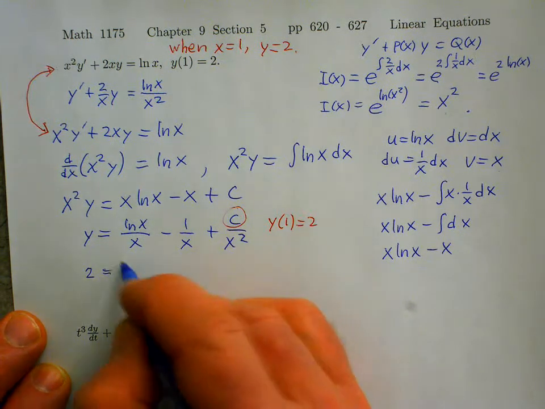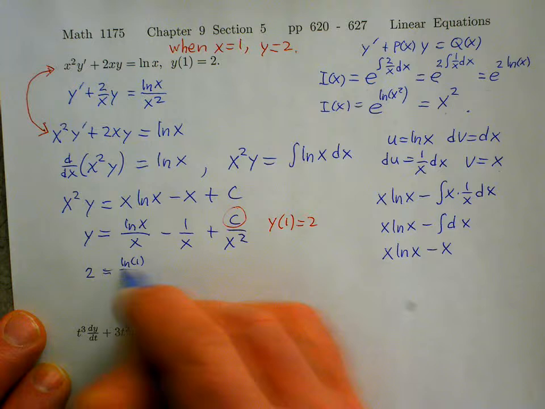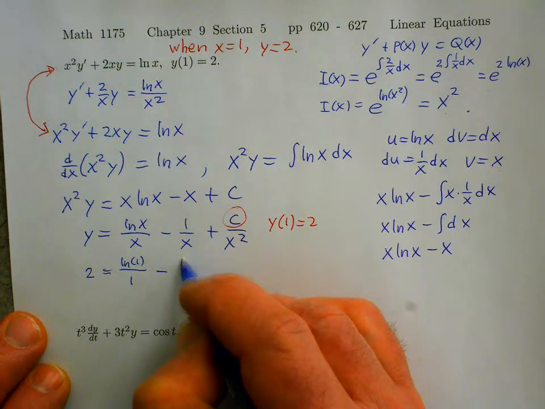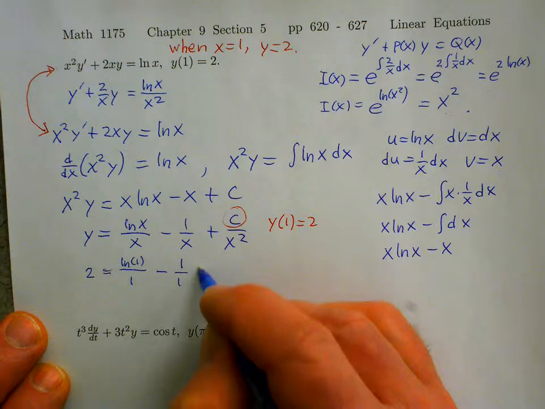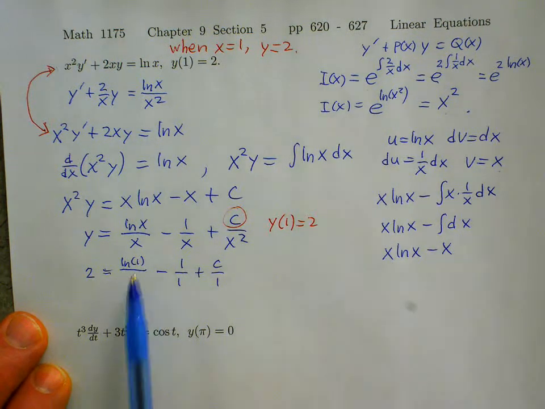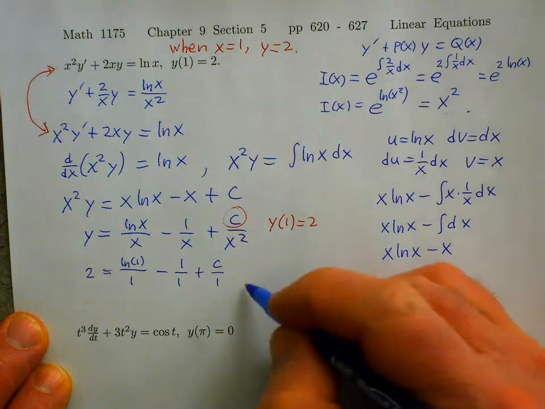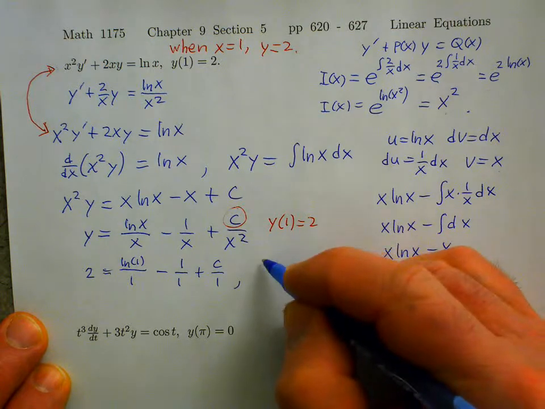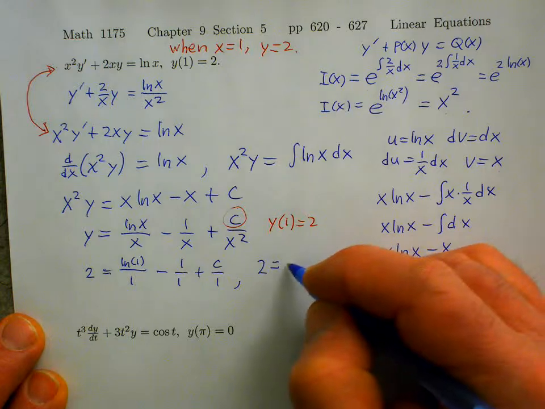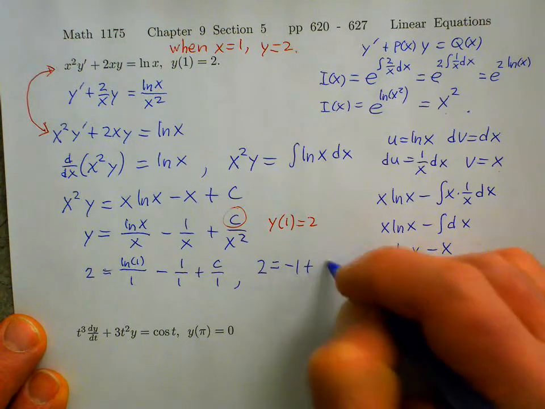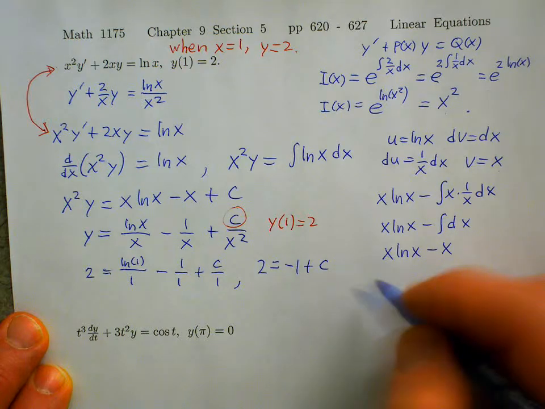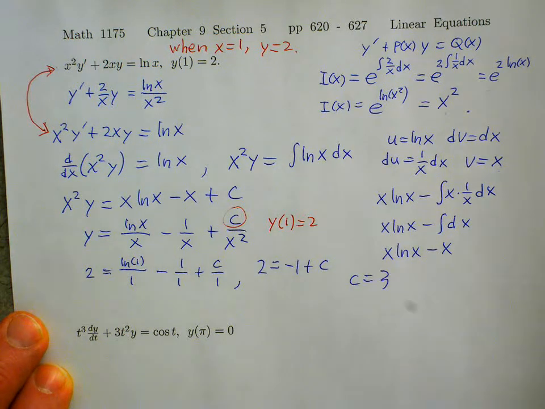We get the natural log of 1 divided by 1 minus 1 over 1 plus c over 1. The natural log of 1 is 0. So that leaves us with 2 equals negative 1 plus c. So add 1 to both sides. C is equal to 3.